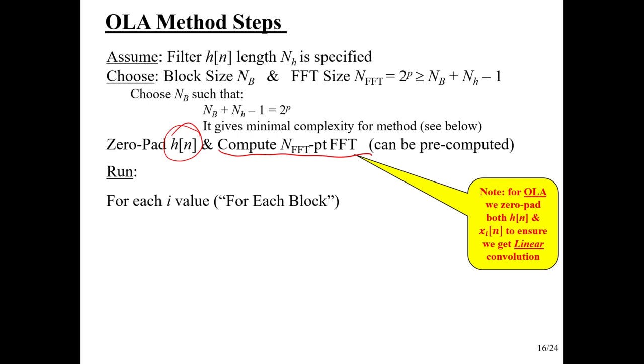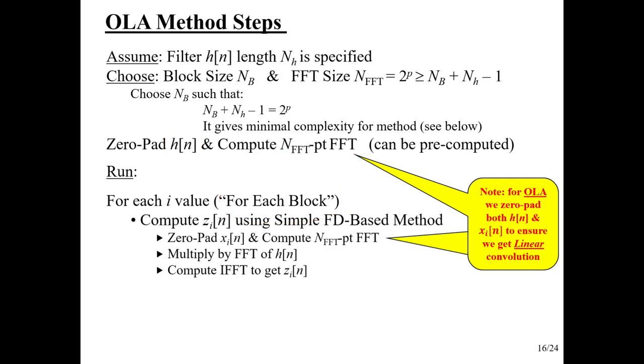So for each i value, for each block, we're going to compute the z_i of n using our simple frequency domain based method. That means we're going to zero pad our current block out to N_FFT, compute an N_FFT point FFT of it, multiply that by the pre-computed FFT of h of n, take that product and compute its inverse FFT, and that'll give us z_i of n.